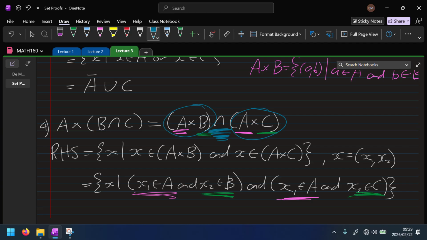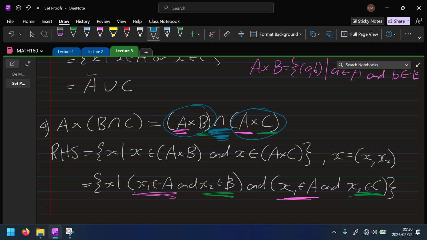So X is an element of the first one I circled, and X is an element of the second set that I circled. You see that? Intersection becomes and. Now, what does Cartesian product mean? It means the first one comes from the first set, and the second one comes from the second set. X1 goes with A, X2 goes with B.